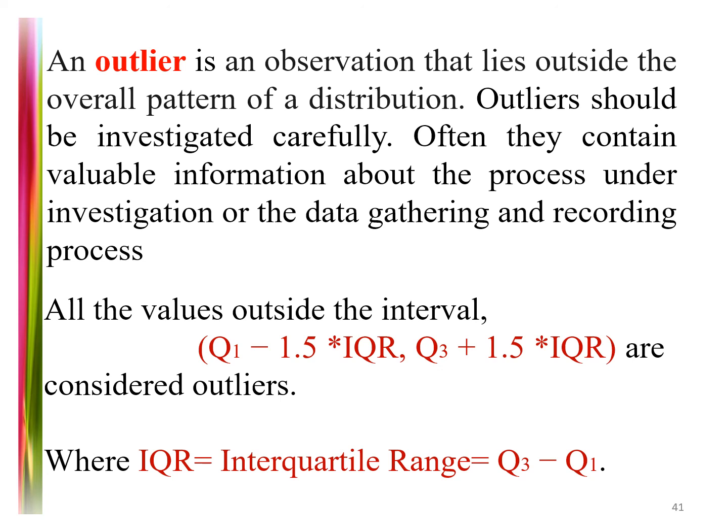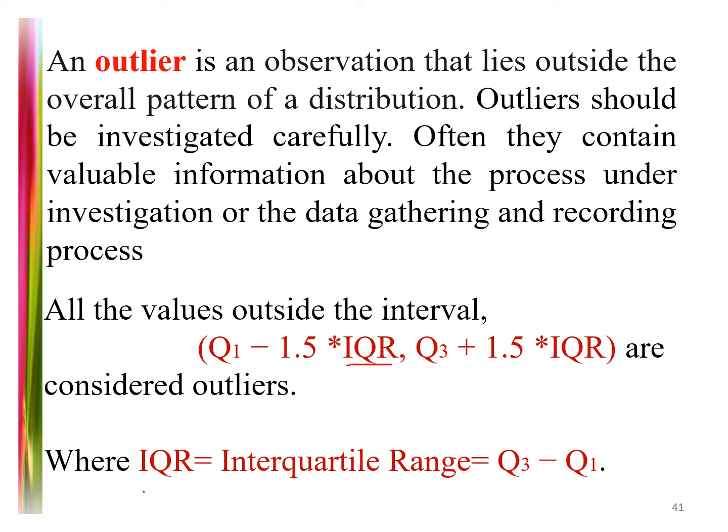For outlier identification, first, outliers should be investigated carefully. That is very important for your data analysis. Often they contain valuable information about the process and about the data gathering and recording process. So first we have to calculate the interval from Q1 minus 1.5 times IQR to Q3 plus 1.5 times IQR.